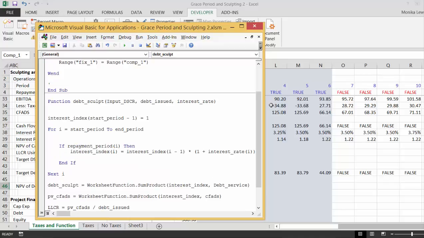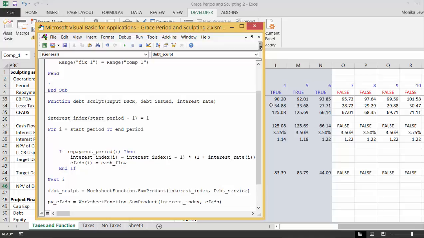Okay, and the same thing we can do over here is CFADS. This is only, so we'll only compute it over the correct period, and we better do it just with an index equals cash flow. Okay, and then the CFADS will be 0. So somewhere you better put CFADS equals.